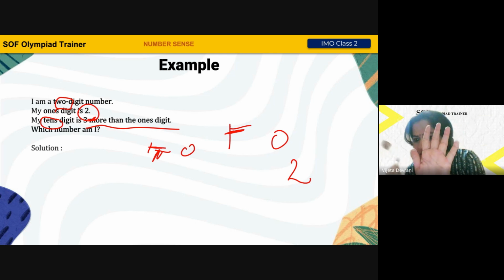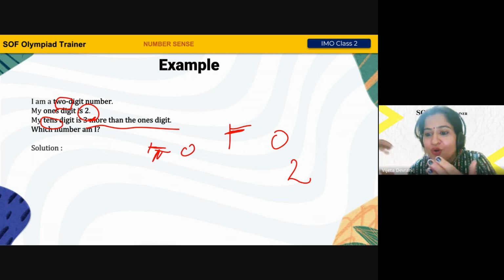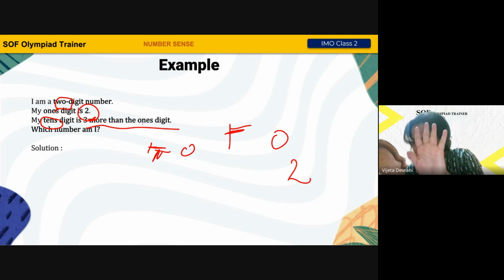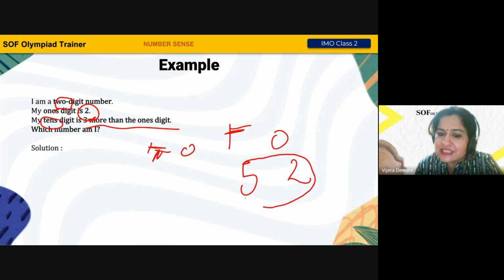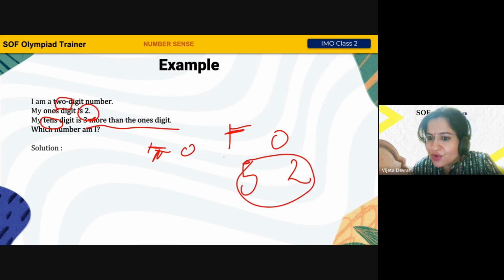If I count 1, 2, 3, 4, and 5, so 3 more than 2 is nothing but 5. So what is my tens digit? It is 5. So what is the number, as the answer was already given by our brilliant one, Athar? 52. Very good. So the answer is 52.